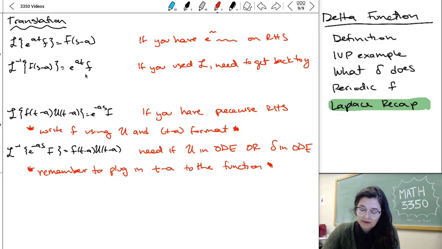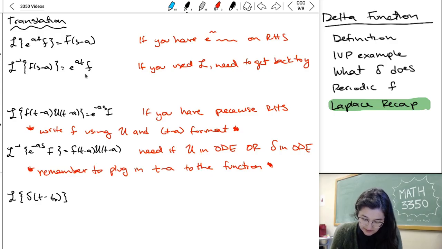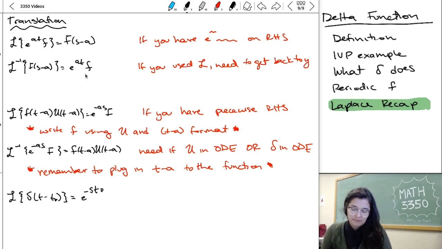And so since it's super related, I'm just going to go ahead and put here with these two that we also learned today that L of delta of t minus t0 is equal to e to the minus, not a, sorry, we did t0, s times t0.